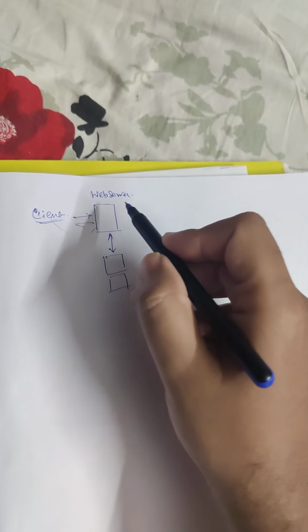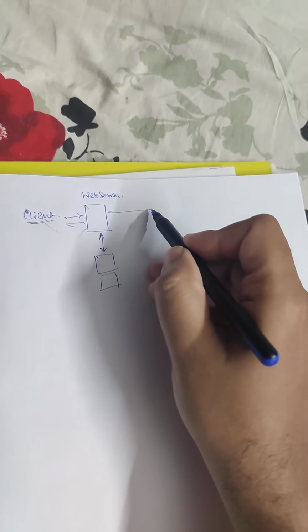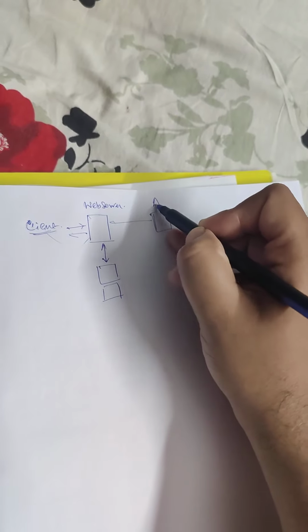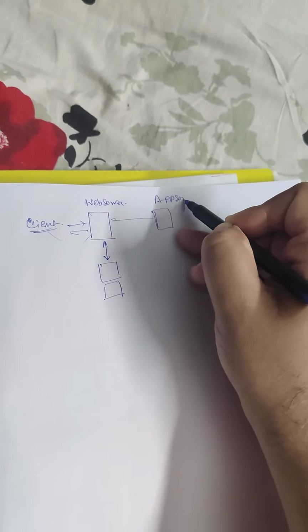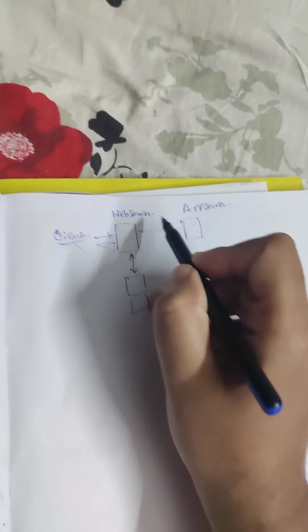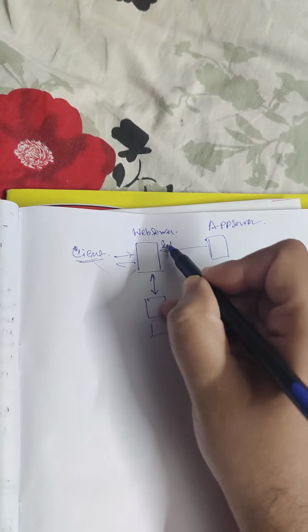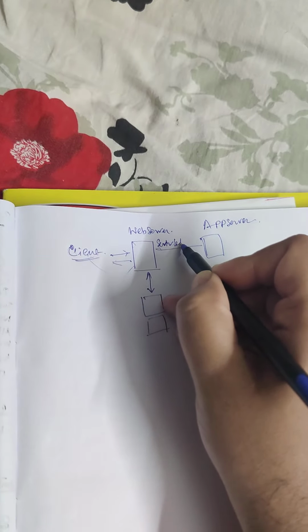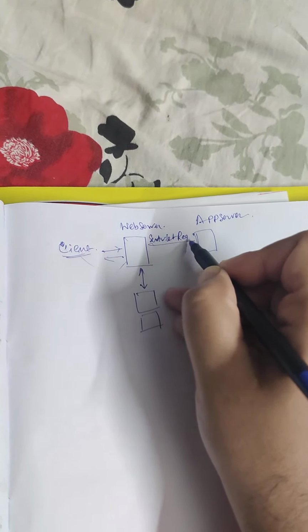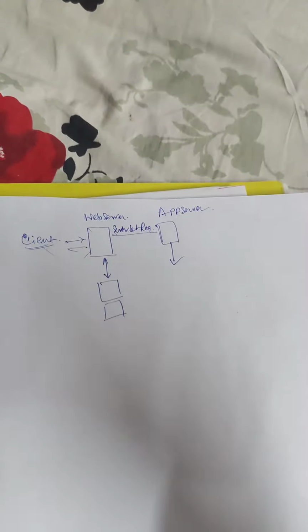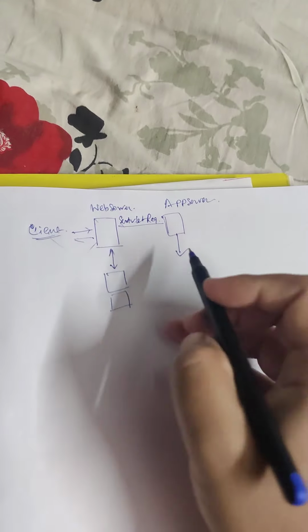That is not going to be a good design, and that's why another important component or layer comes in, which is the app server. Normally, the web server creates a servlet request to the app server, and the app server processes that request and performs the business logic required to serve it.